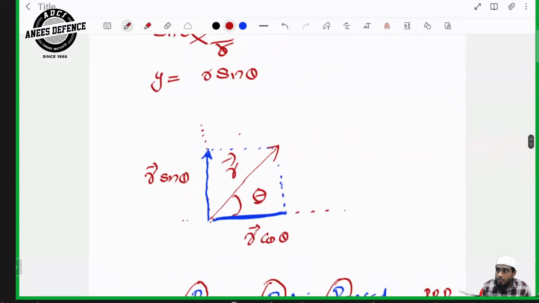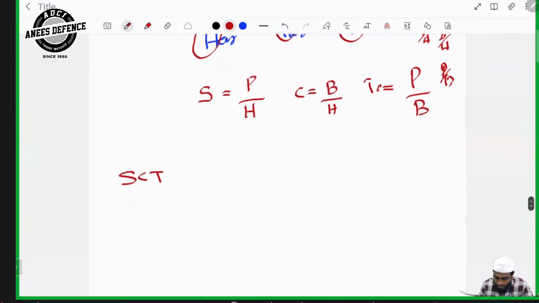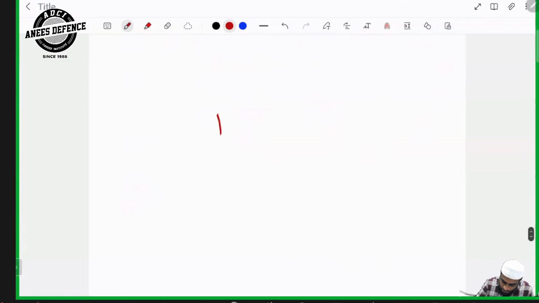Now, this is the vector resolved into two. That means if you have two vectors like this, this is r cos theta and this is r sin theta.